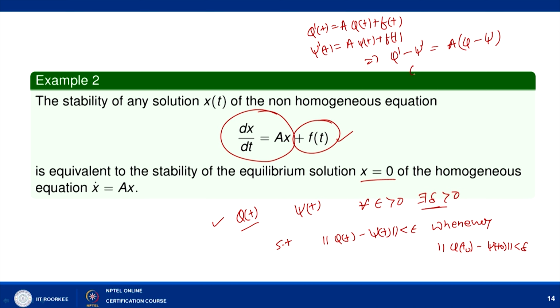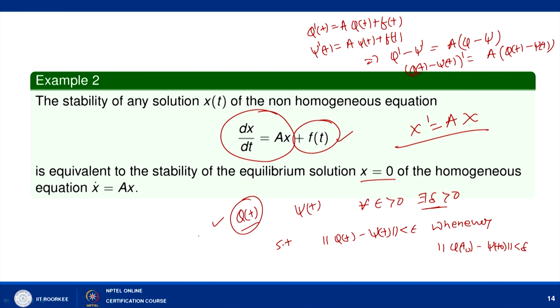So, phi(t) minus psi(t) is a solution of x' = Ax, right.